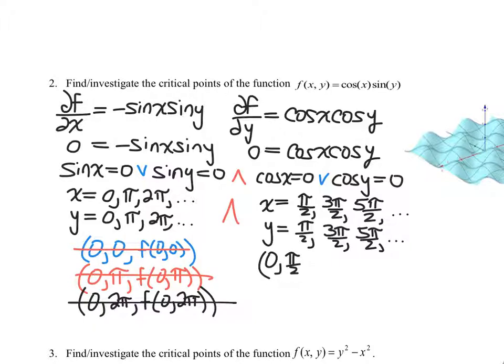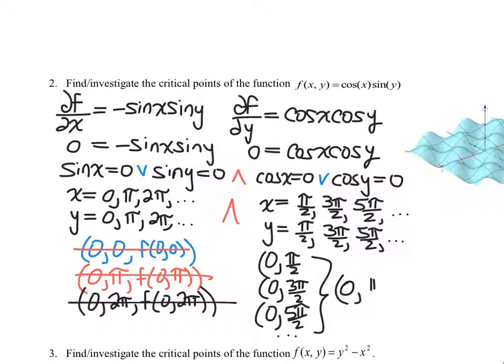So we would have x of 0, y of pi over 2, 0, 3 pi over 2, 0, 5 pi over 2, and so on. So instead of writing that, let's just pare it down to say 0, comma, pi over 2 plus pi k.